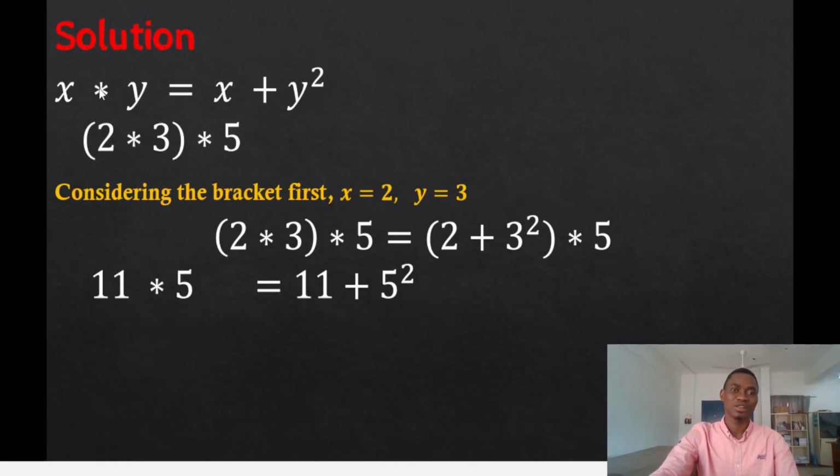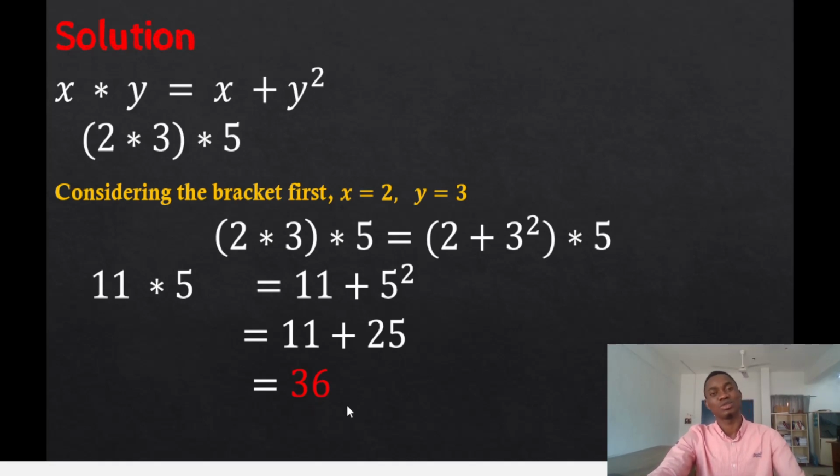And the formula is x star y is equals to x plus y squared. So we're going to have 11 plus 5 squared, and that returns 36. So the answer to that question is 36. Yeah, you can take down note.